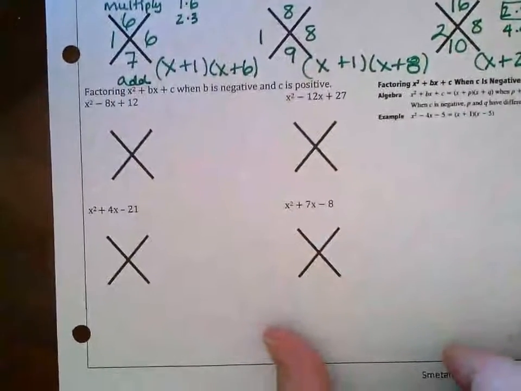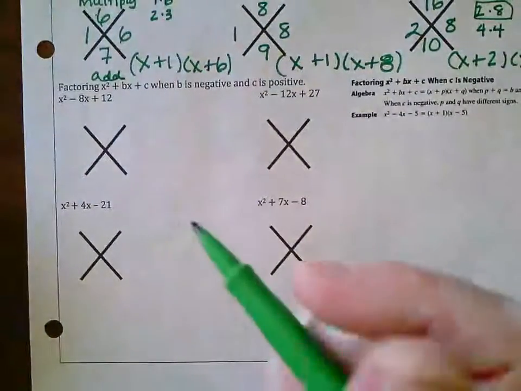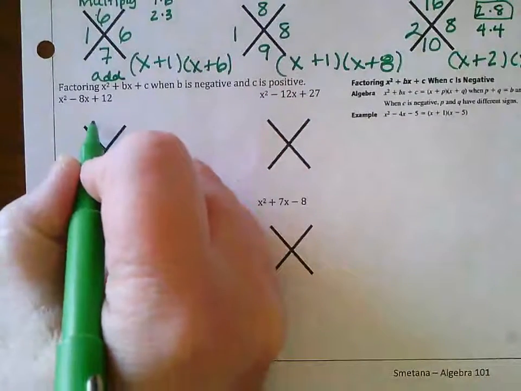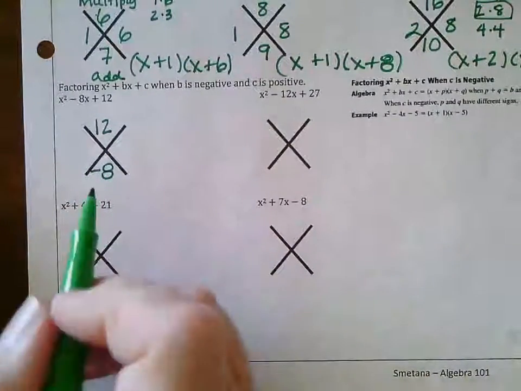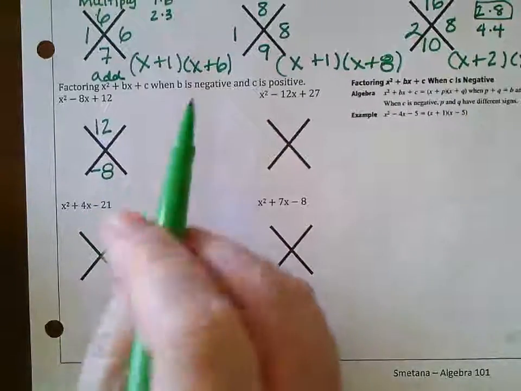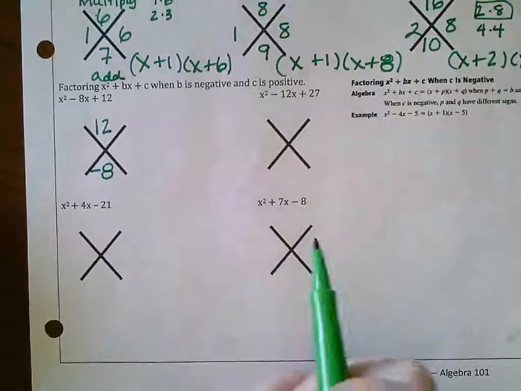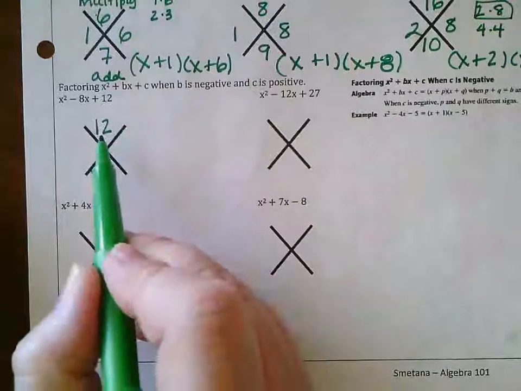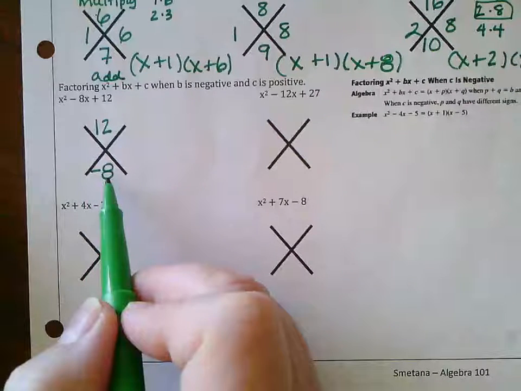Okay, let's try it with numbers that are a little more challenging. So you have a 12, and you have a negative 8. Now this should tell you that both of your answers are x minus and x minus, because two numbers multiply to equal a positive result but add to equal a negative result.